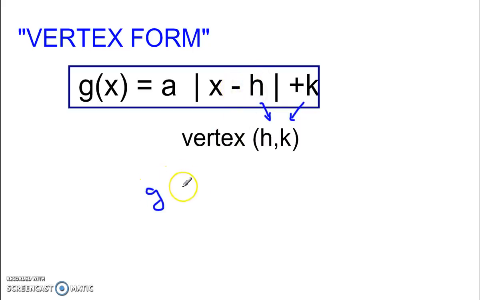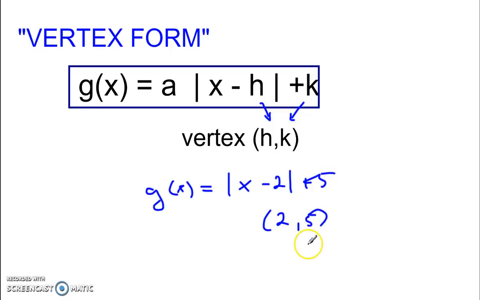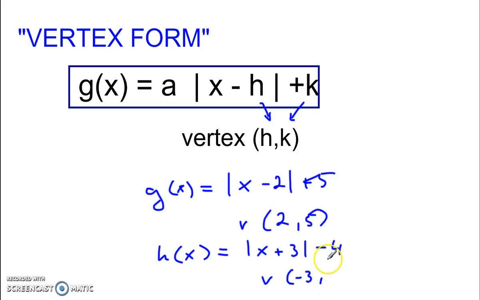So if you have an example like g of x is equal to absolute value of x minus 2 plus 5, the vertex is 2, 5, not -2. If you had h of x is equal to absolute value of x plus 3 minus 4, the vertex is negative 3 and negative 4, because it's the opposite of the sign right here.